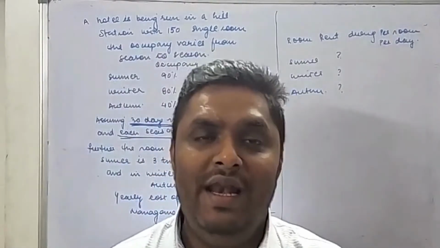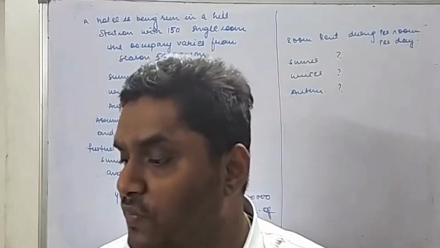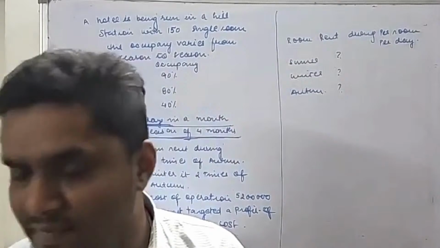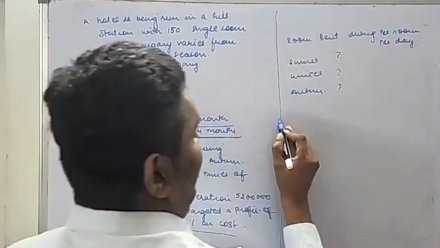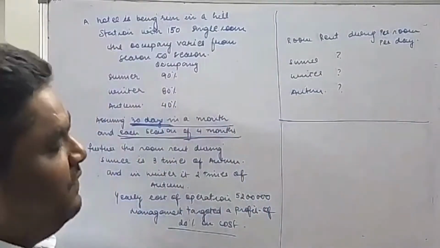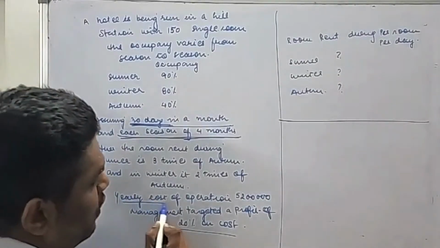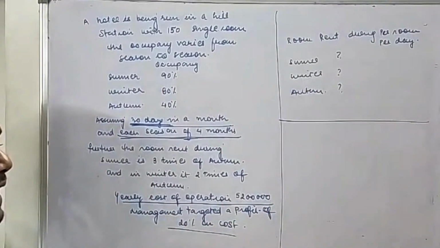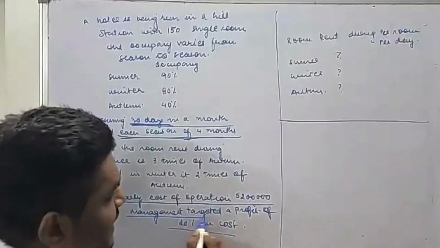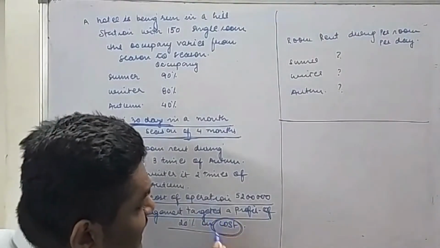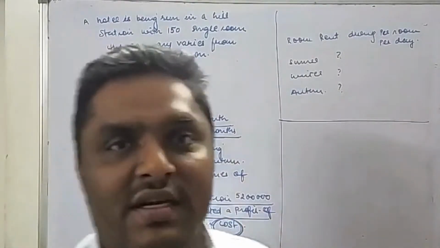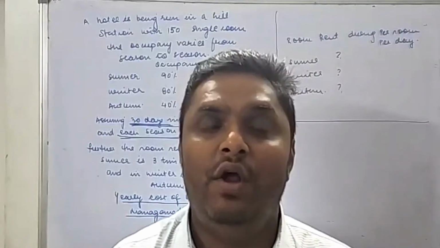So now let me post the first answer, what will be the revenue. As I said, half of the work is done when you read the question carefully. See, yearly cost of operation is 52 lakh and management targets a profit of 20% on cost, not 20% on revenue.